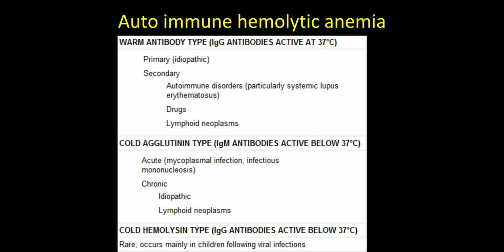Now chronic causes can be idiopathic and due to some malignancies, lymphoid neoplasms. Now it can be due to IgM or due to some IgG antibodies also. These IgG antibodies are very rare because I told you IgG antibody which is active at 37 degrees is the warm antibody type. So IgG in cold is very rare, but if it is there, it is usually following viral infections.